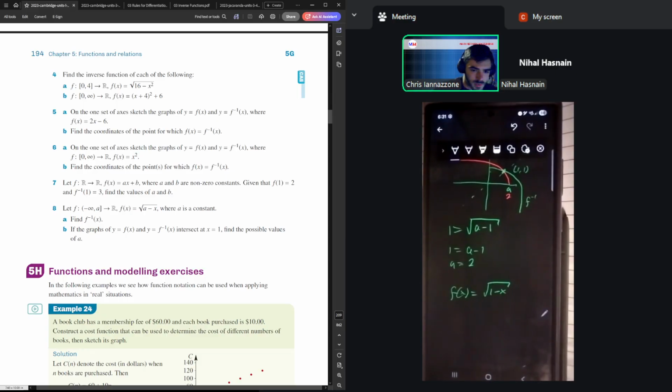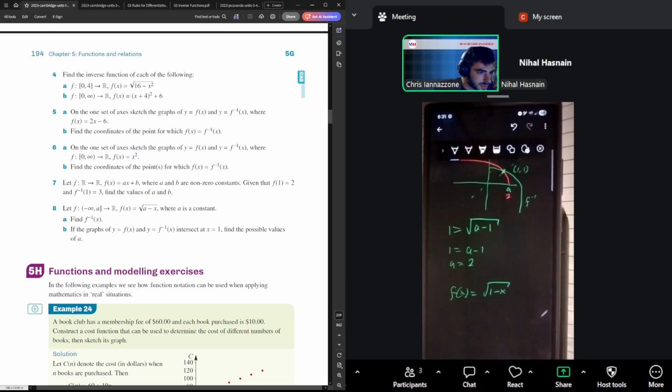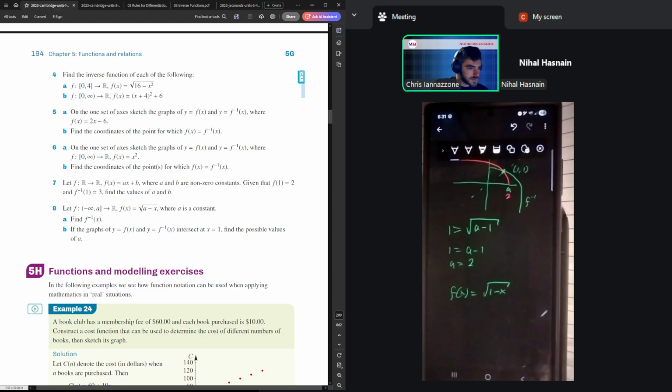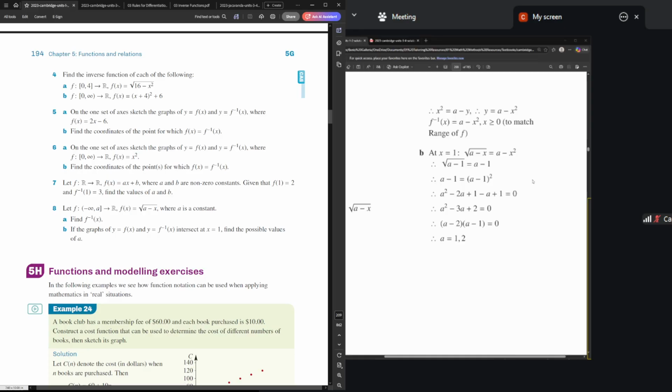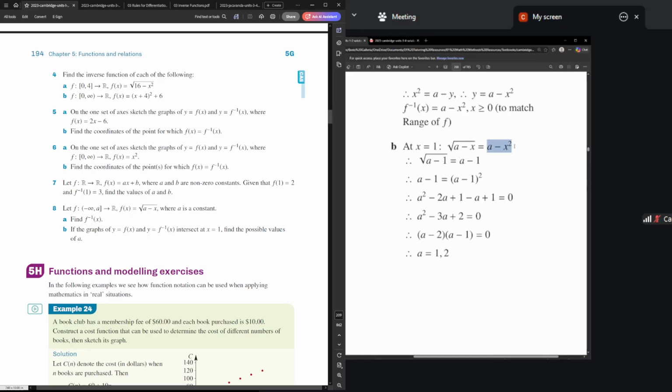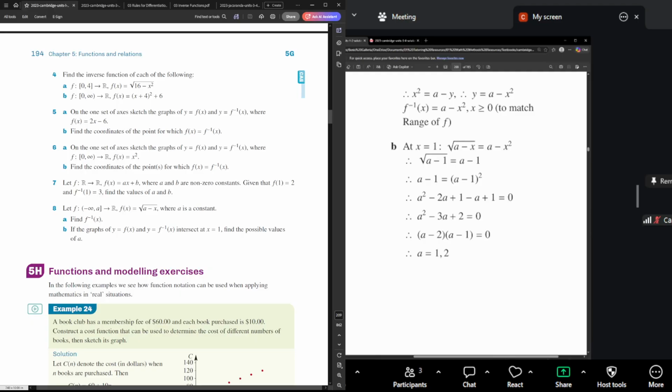I'll change over the screen share so you can see what I'm looking at. I think what they've done is they've fallen into the problem of the quadratic not having a domain associated with it.